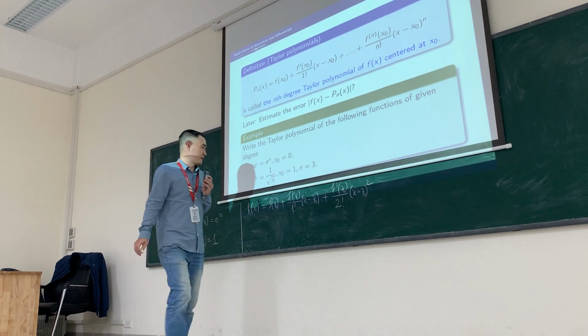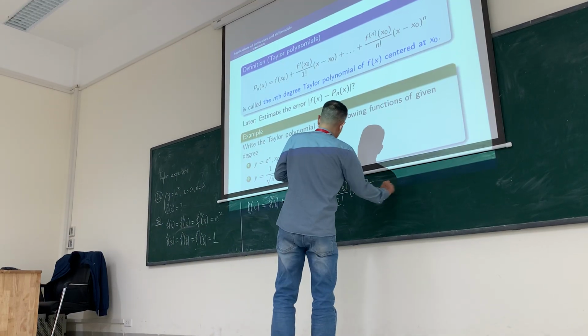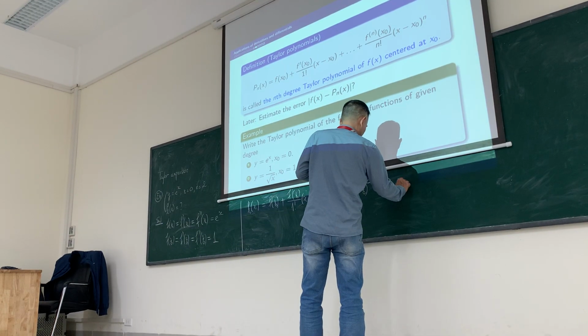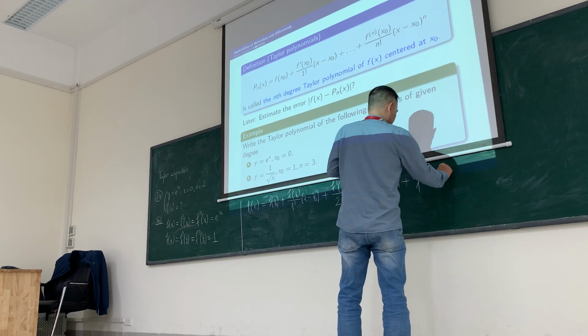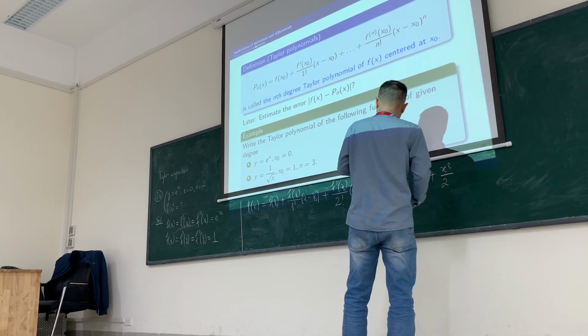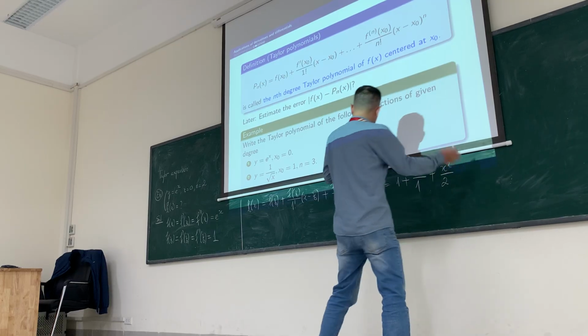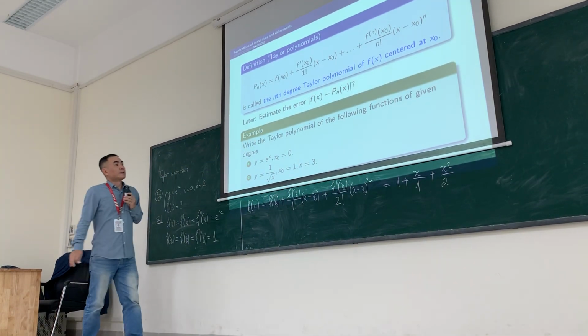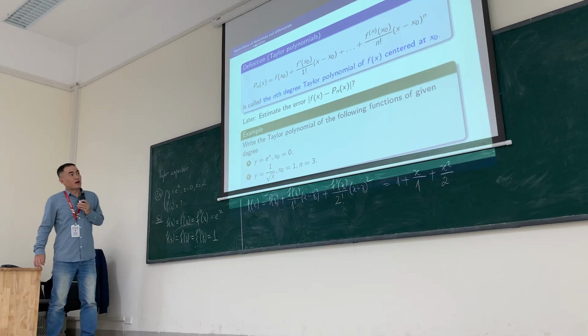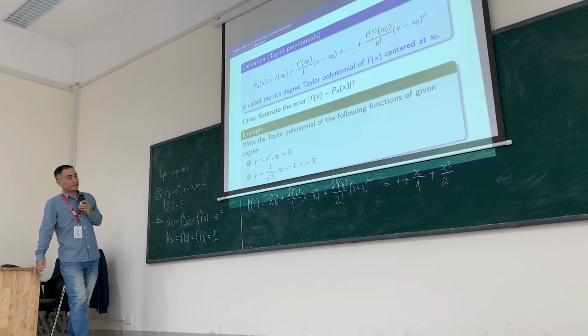We replace x0 by 0. The value here is equal to 1 plus x over 1 plus x squared over 2. Okay, I think that is done. We can find the Taylor polynomial of function f of degree 2.